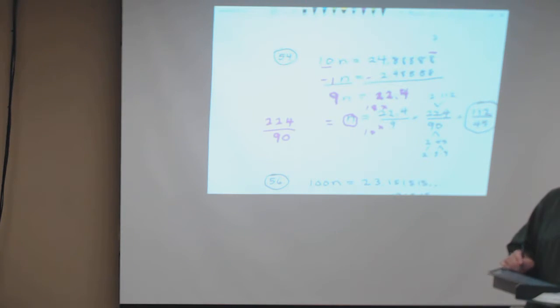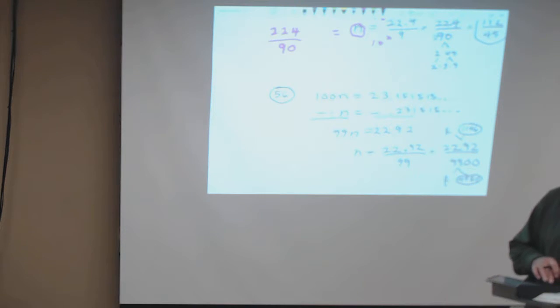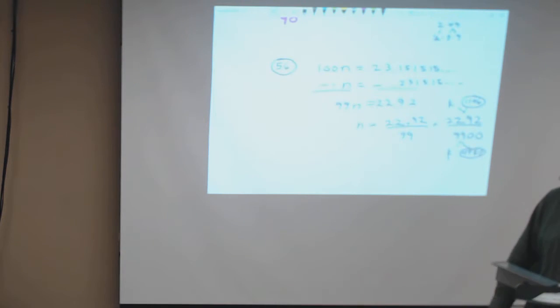So sometimes you'll have a decimal point in your answer when you follow this process. And when that's the case, you just multiply the numerator and denominator by a number to get rid of the decimal point. Okay? Questions? We got it? We're on a roll? Let's keep going. 56. Why did I use 100? Because 1,5 repeats. Subtract 1, I have 99 of them, and then I have equals 22.92.